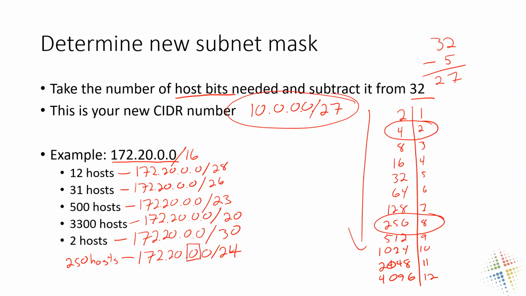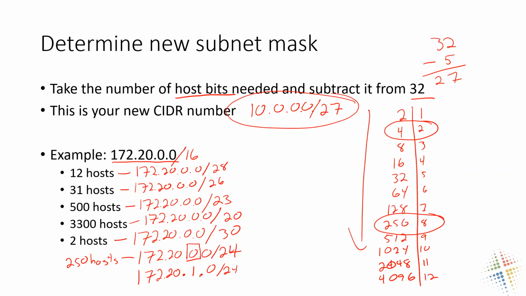And the reason why I'm saying that is because if I wanted 250 hosts for one network, well, I'm going to go with 0. If I wanted 250 hosts for my second network, so my second small office, my second branch, the second floor of my building, the second network would then be 172.20.1.0/24.